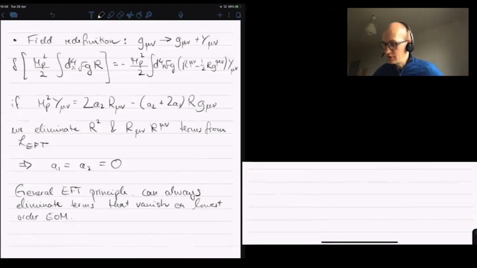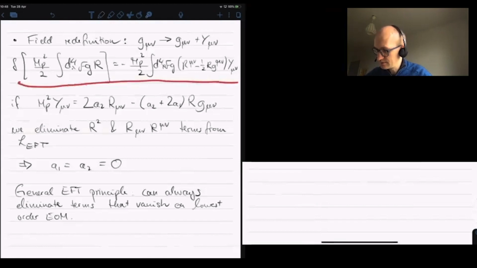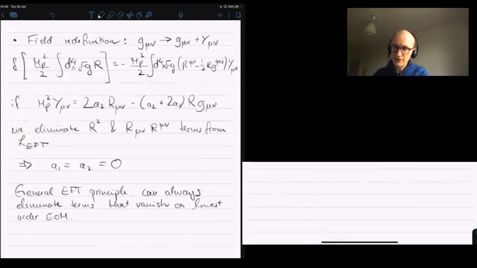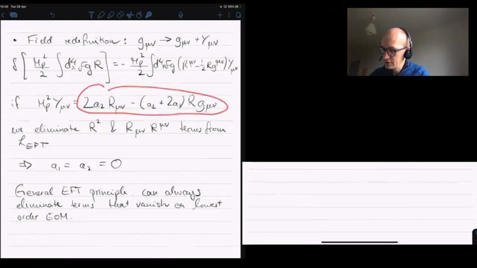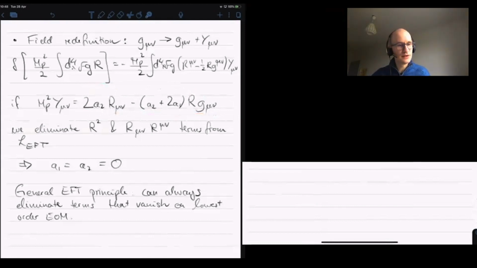And the way that you do this mathematically is you choose field redefinitions, because the field redefinition basically precisely shifts you by the lowest order equations of motion, as we have seen here. So this you can do in every effective field theory, but in this gravity effective field theory, I've demonstrated to you that we can find a field redefinition which allows us to get rid of the remaining curvature squared terms. So this is actually a very important realization.